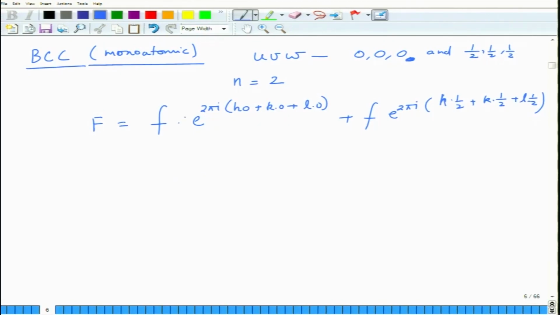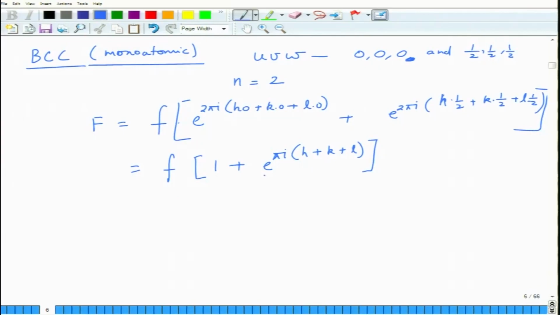So you can take f out. What is this term? The first is 1, and this is e to the power pi i (h plus k plus l). When is this term finite?